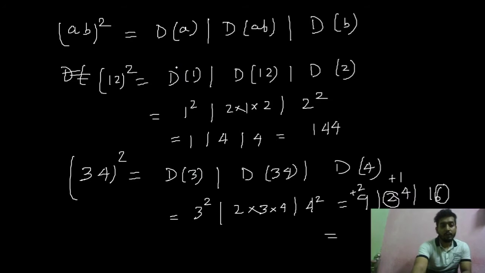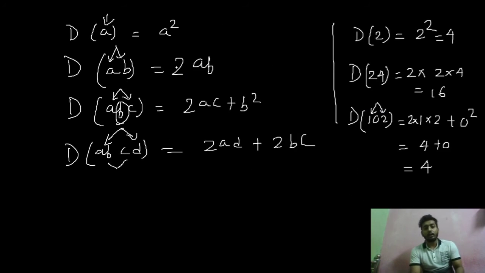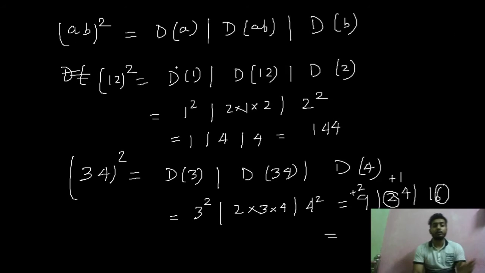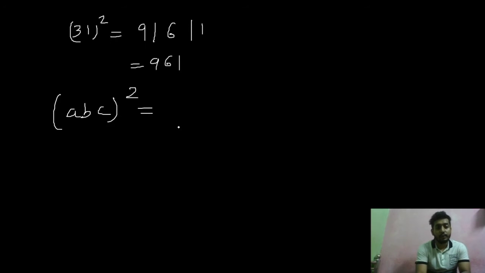The formula may seem clumsy and difficult, but it is very easy to remember because there is a pattern. We can see a pattern to find the duplex of certain numbers, and there is also a pattern to find the square of a number using the duplex method. So what will be the square of a 3-digit number? Suppose ABC is a 3-digit number.